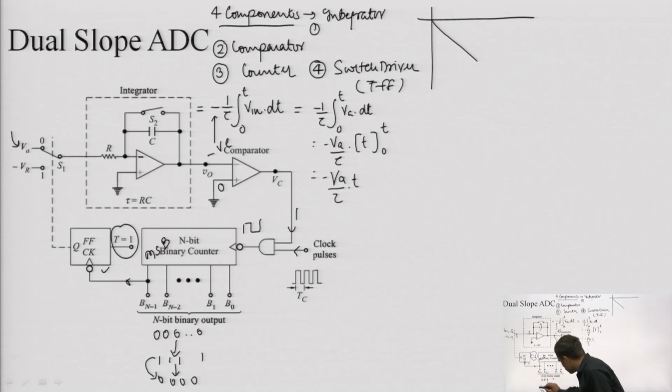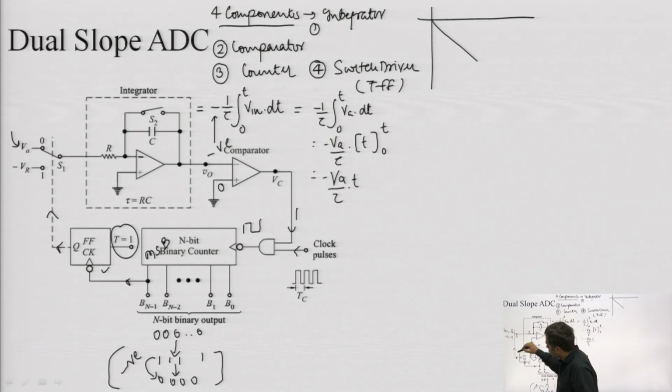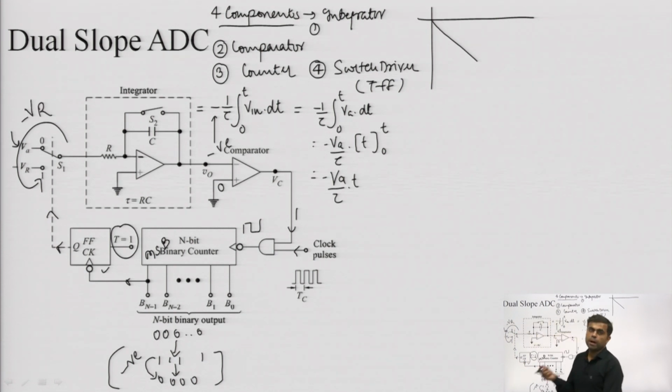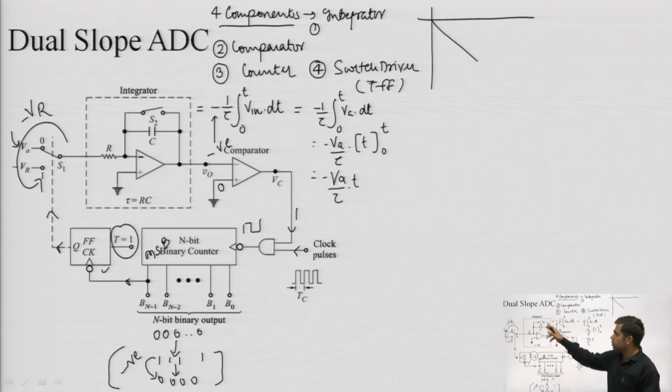This negative edge is generated at the MSB of the counter, and it will toggle the output of this flip flop. So the output gets toggled and the switch will now be connected to minus VR. So minus VR will be connected to the input of this integrator.